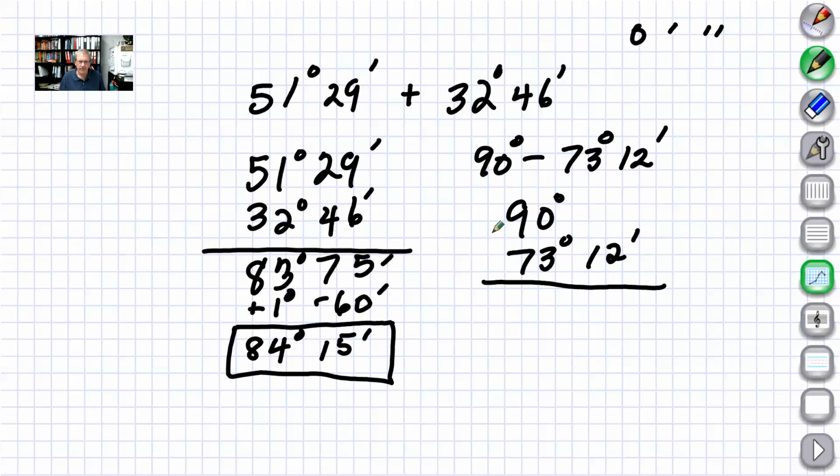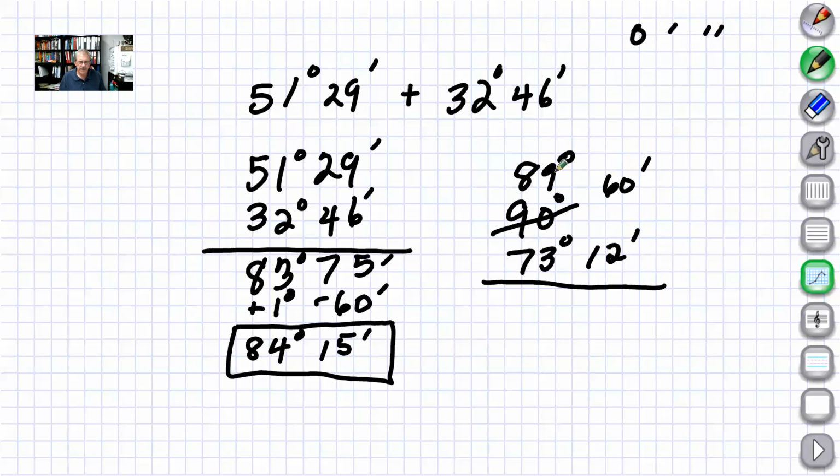So once again, we're going to change this. I'm going to erase this right here. We're going to change 90 degrees to 89 degrees, 60 minutes.